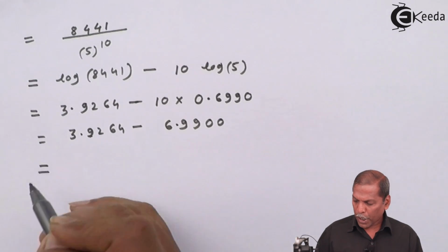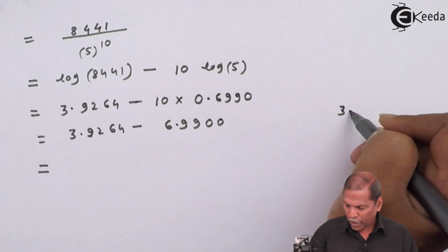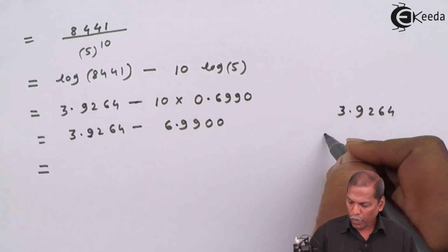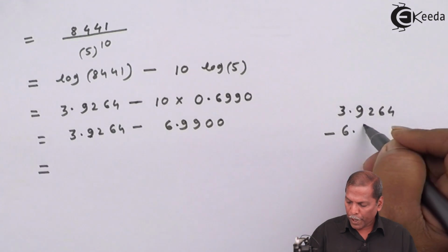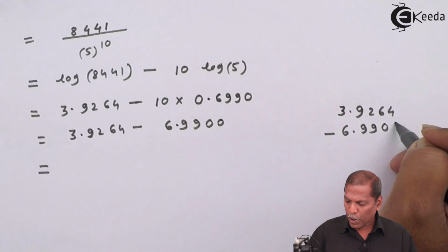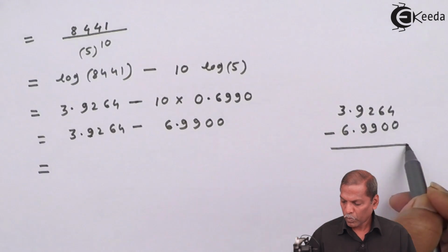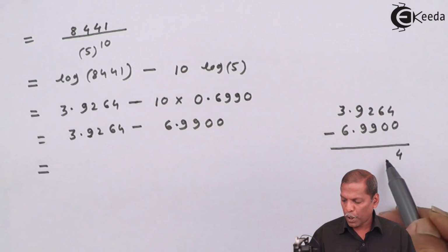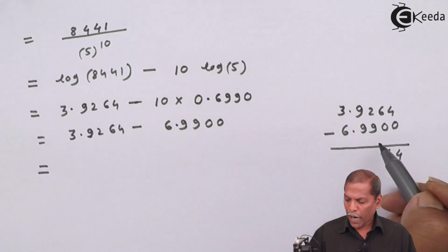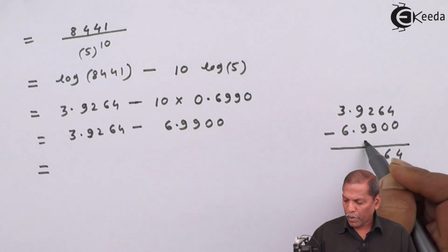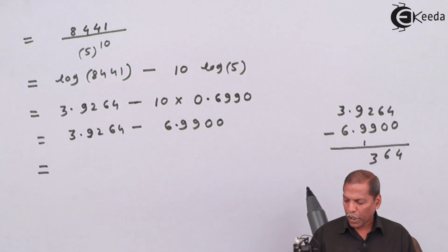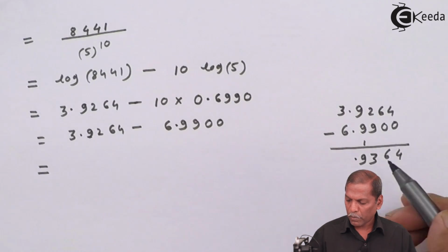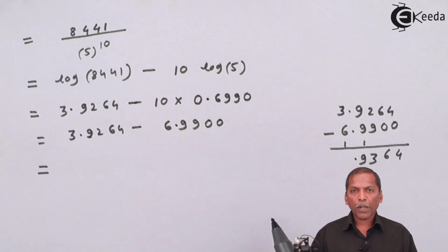Now we go for the subtraction. That is 3.9264 minus 6.9900. Now 4 minus 0 gives 4, 6 minus 0 is 6, 12 minus 9 is 3, 19 minus 10 is 9 point, and 3 minus 7.